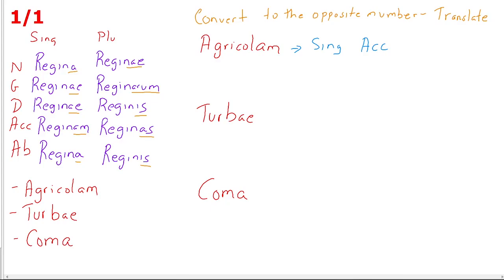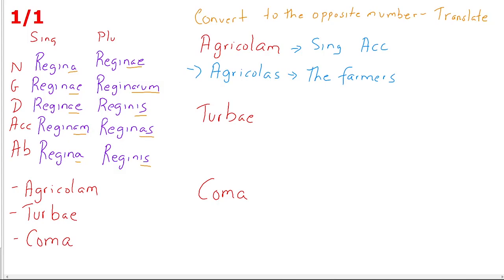So it is singular. So what would be the plural of agricolam? Would be agricolas. Okay, and what does agricolas mean? The farmers. All got this correct?